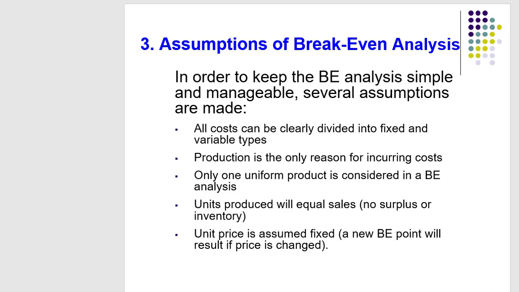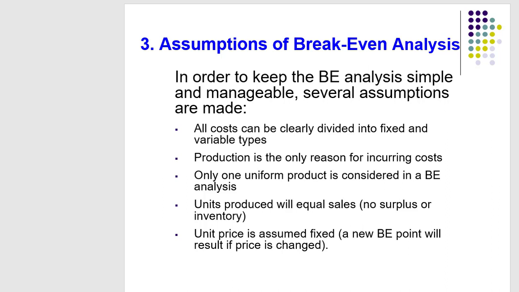The third assumption is one uniform product is being considered in a break-even analysis. You can certainly consider a product mix or product line, but the sales or production in those product lines need to move in fixed proportions. So that's another assumption that we need to make, or it needs to hold.